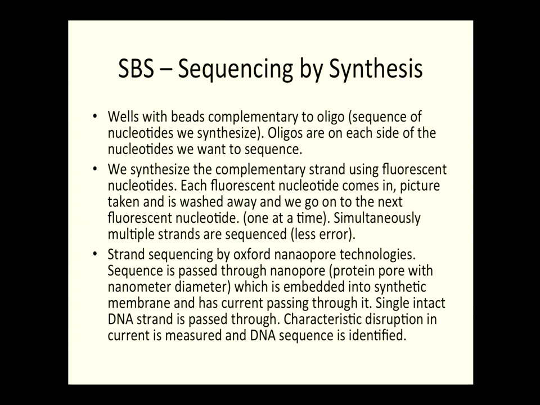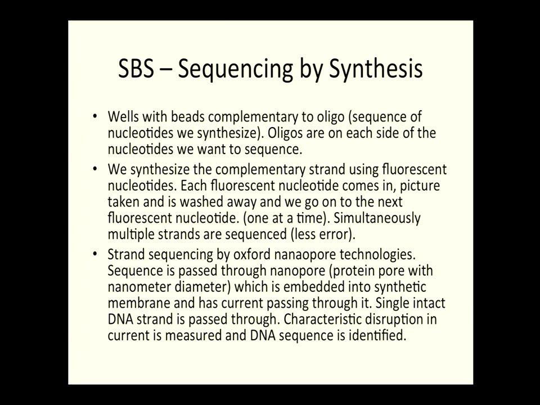All right. Another type of sequencing that we learned about was SBS, sequencing by synthesis. Over here, basically, you have beads that are complementary to an oligo, which is a sequence of nucleotides that are synthesized. The oligos are going to basically be primers. They're going to be on the ends of the sequence that you want to identify.